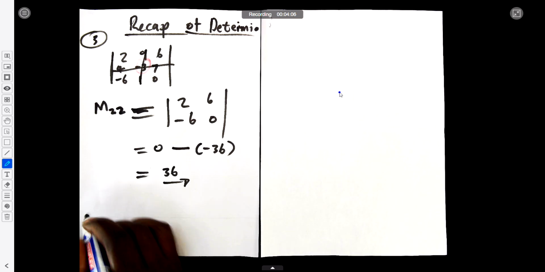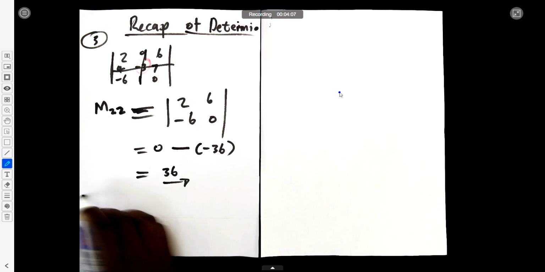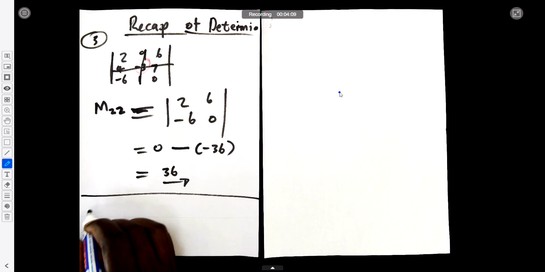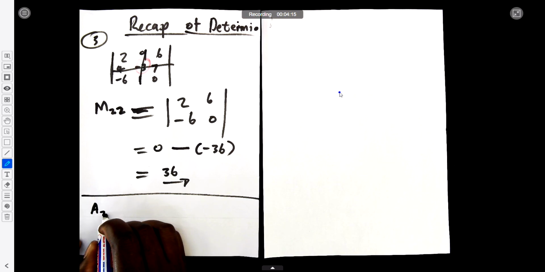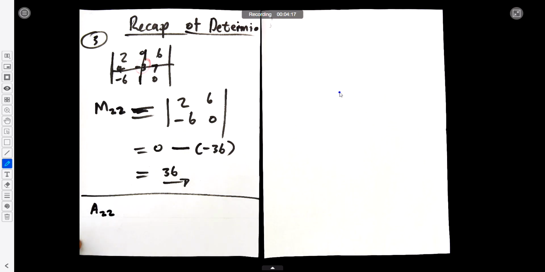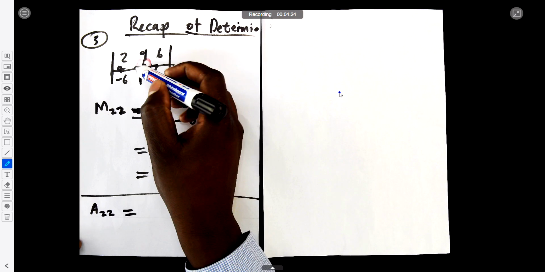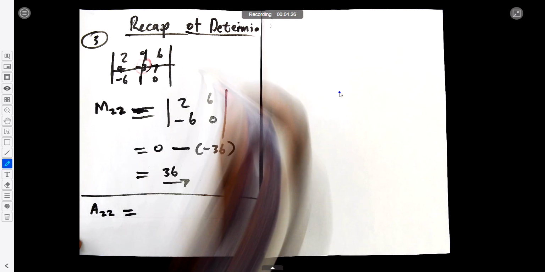So I hope you remember the formula for a cofactor. So it's going to be A22, we do the same thing. It's in row 2, column 2. It is going to be equal to, now I need to determine the output of that position. So for -3, we still do the same thing. Eliminate vertical, horizontal.